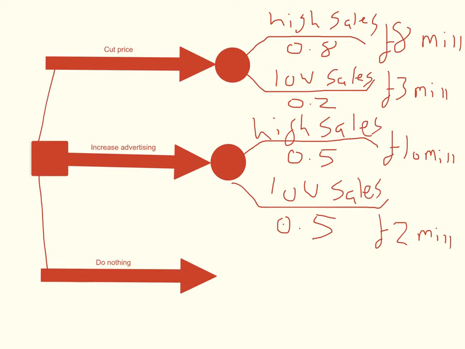Well, that's where we bring in the concept of the decision tree, and we can work out what is known as the expected value, which is basically the average figure, so the average revenue gain that will occur if this decision is made over and over again, or this decision is made over and over again. So I will now go through with you on the next slide how to calculate the expected value.